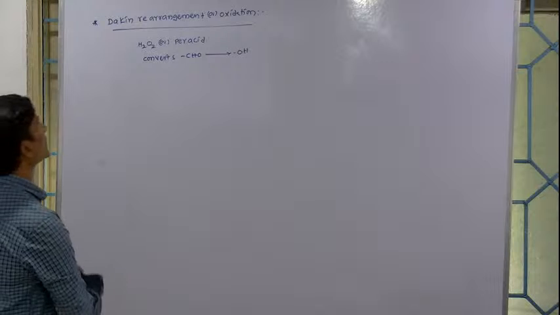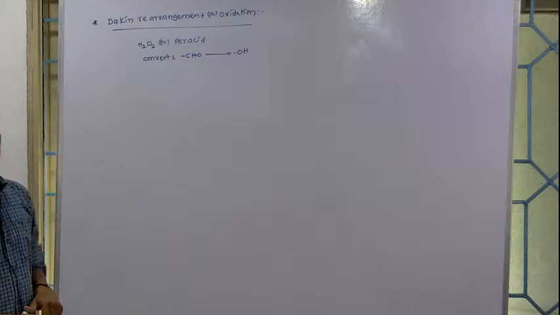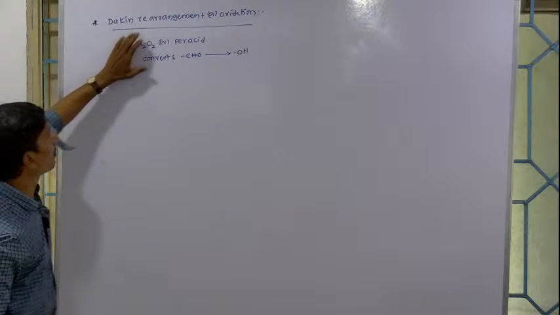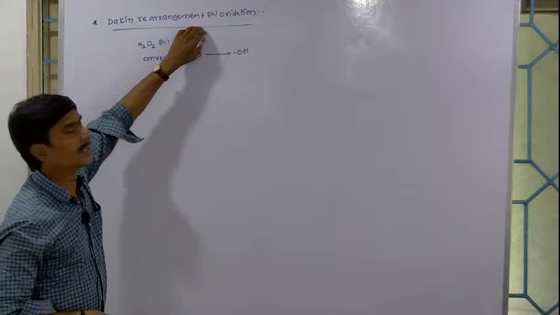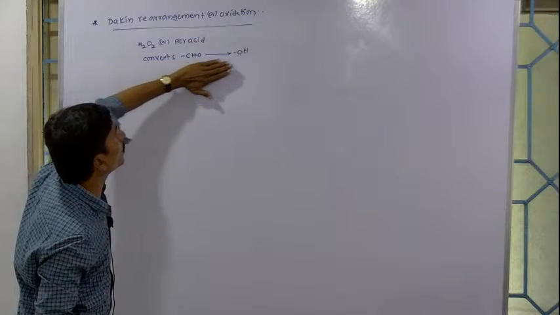Okay. Next one is Dakin rearrangement or oxidation reaction. Hydrogen peroxide or peracid converts the aldehyde group into OH.